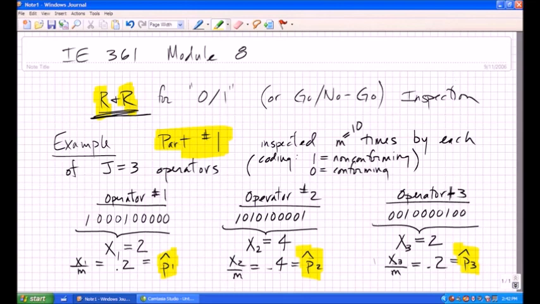So the fact that the p hats are not 0 or 1 is an indication of repeatability variation. The fact that they are not all the same is perhaps an indication of reproducibility variation.